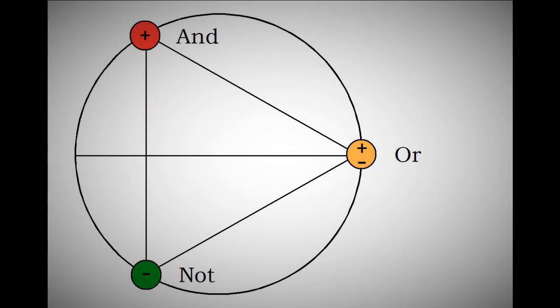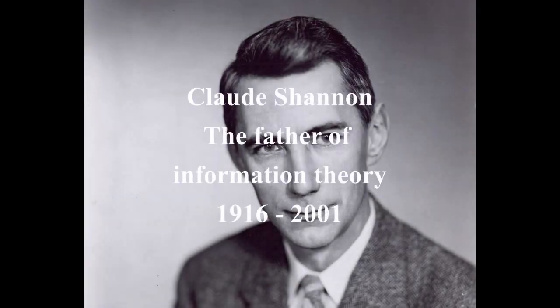This system was not put into use until a graduate student from Massachusetts Institute of Technology, Claude Shannon, noticed that the Boolean algebra he learned was similar to an electric circuit. Shannon wrote his thesis in 1937, which implemented his findings. Shannon's thesis became a starting point for the use of binary code in practical applications such as computers, electrical circuits, and more.